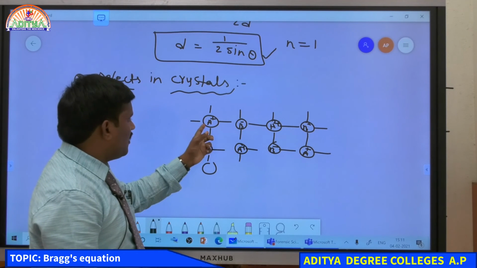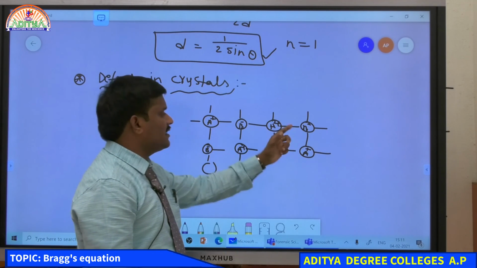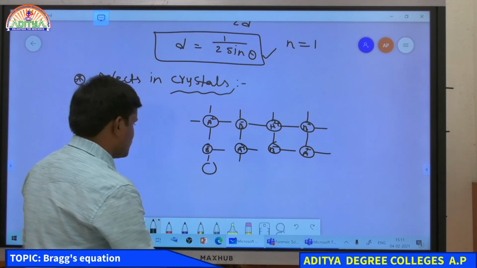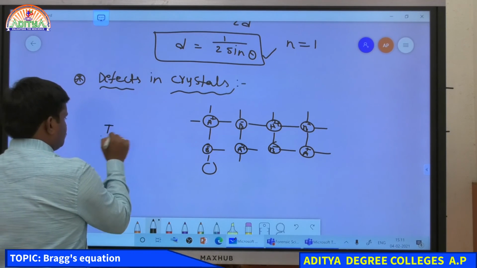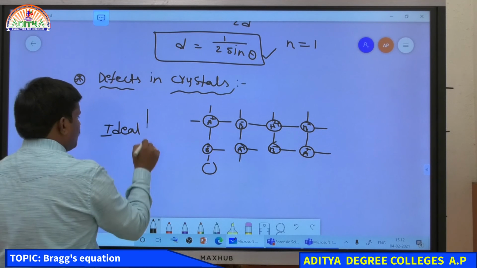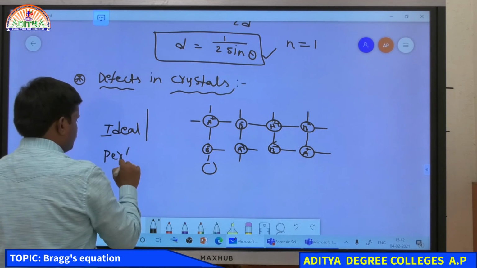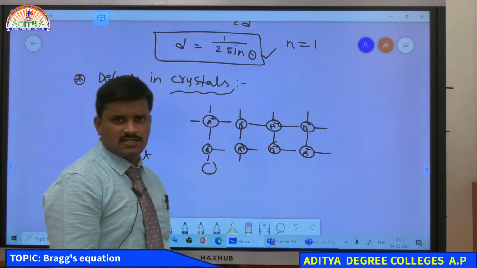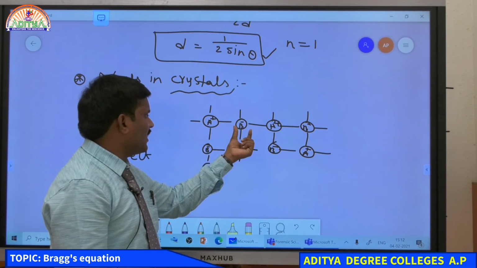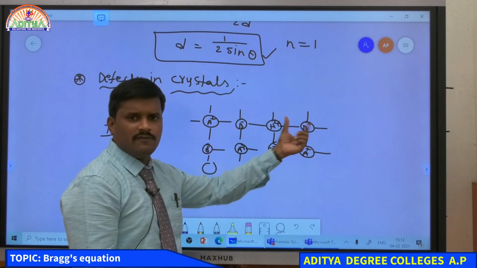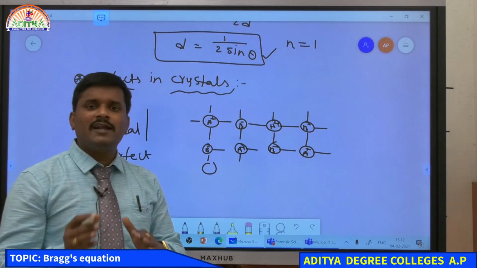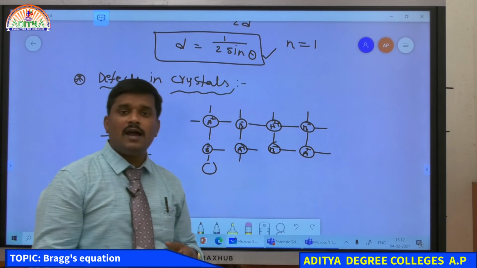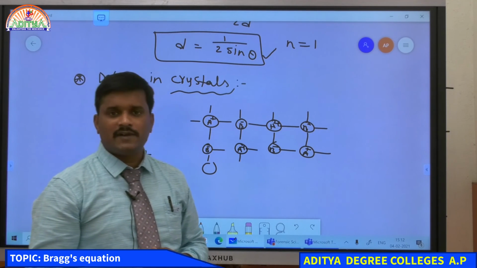In this crystal all the atoms are regularly arranged, so there is a regular order. That is why this is nothing but an ideal crystal or perfect crystal. This is ideal or perfect because there is no deviation in the structure. So cation followed by anion, again followed by cation, again followed by anion. So all atoms are arranged in a regular manner. Then that structure is nothing but an ideal crystal or a perfect crystal.